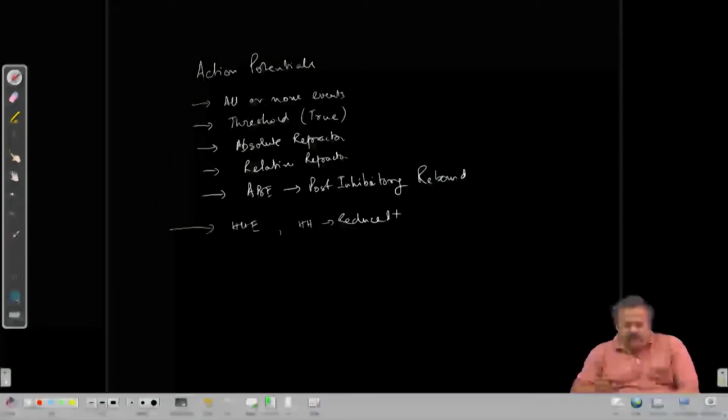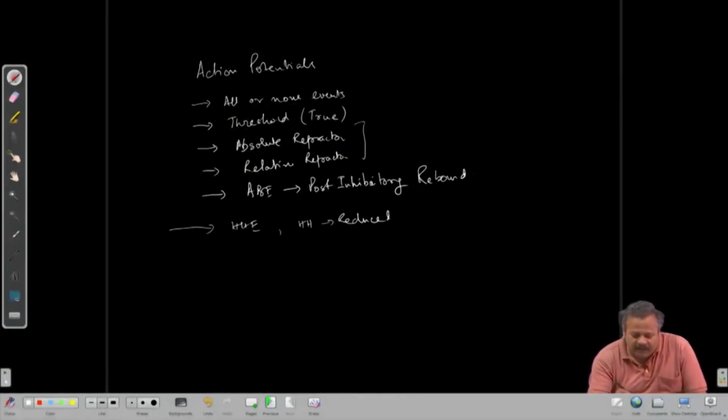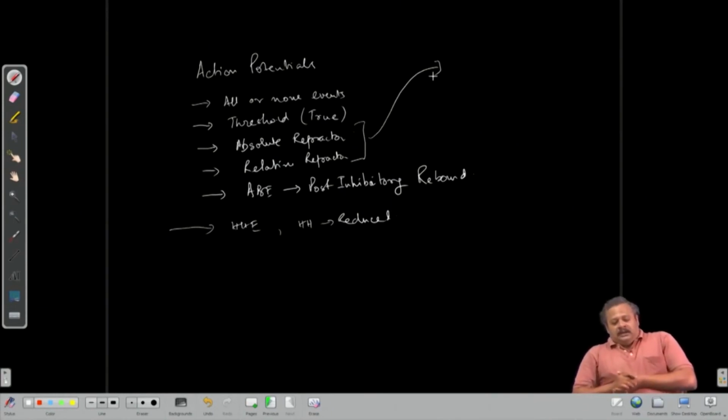For example, if we talk of the absolute refractory and relative refractory, what this says is that there is a natural bound on the maximum possible firing rate of neurons, that they will naturally saturate because of a period following an action potential that is a period where no action potential can happen, that obviously bounds the number of potentials that can occur within a limited period of time.